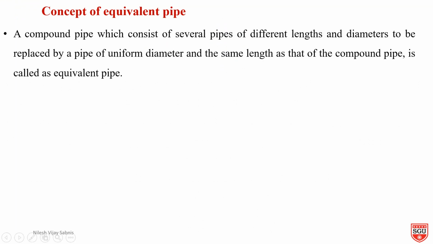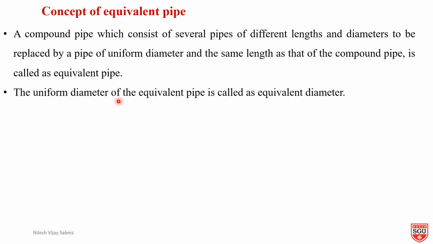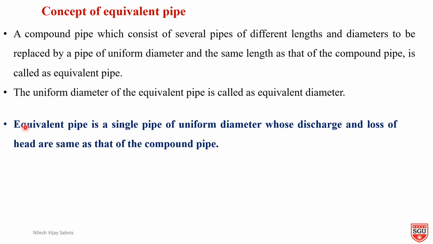Let's see the next concept of equivalent pipe. A compound pipe which consists of several pipes of different lengths and diameters, to be replaced by a pipe of uniform diameter and the same length as that of the compound pipe, is called an equivalent pipe. The uniform diameter of the equivalent pipe is called the equivalent diameter.